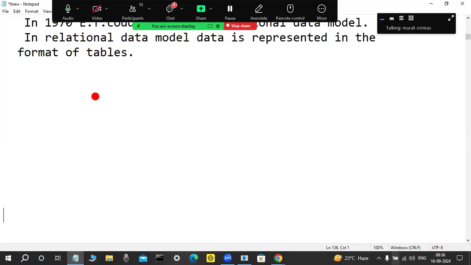Teradata is one of the most popular from NCR Corporation.